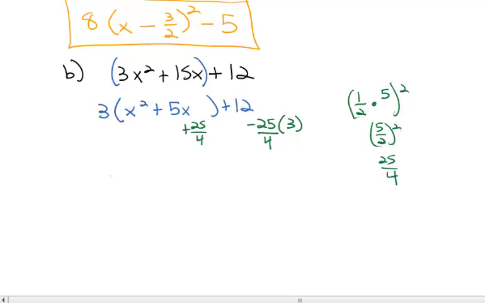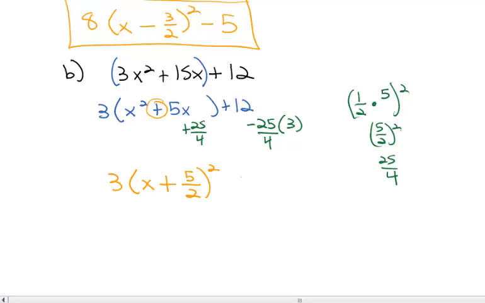Now when we factor and simplify, we have 3 times the square root of x squared is x. Take the sign from the middle, plus, and the square root of the fraction, 25/4, top and bottom. The square root of 25 is 5. The square root of 4 is 2, squared.